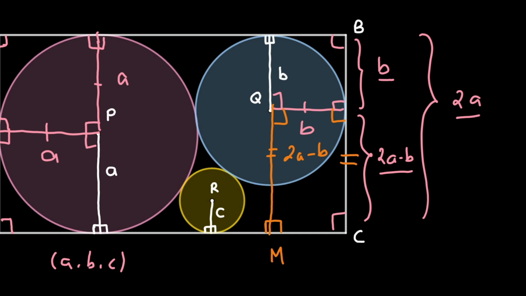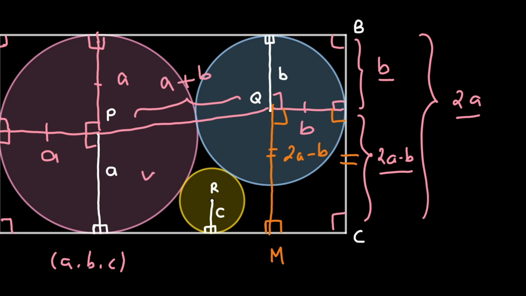If I draw a line segment joining the points P and Q, it will also pass through this tangent point. Now the distance from P to this tangent point is the radius of the pink circle, hence it would have a value A. The distance from the tangent point to Q is the radius of the blue circle, hence it would have a value B. Now as these 3 points are collinear, it is a straight line. Therefore the complete distance from P to Q would be A plus B.